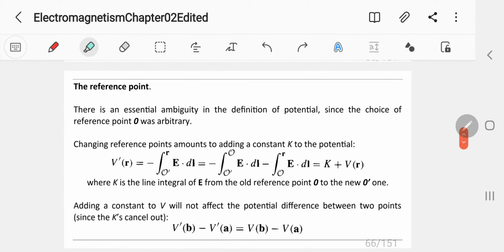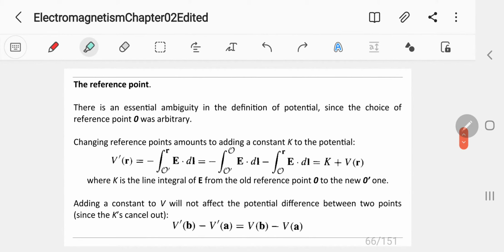So we must now be particular of the reference point. We can always set the potential to be 0 at infinity, because if we have a concentration of charge at some point, we can go away from the charge, and that charge will have no effect at infinity.